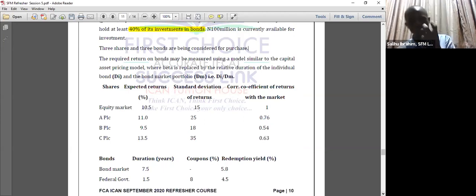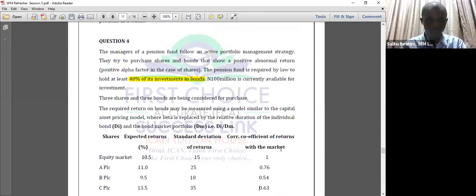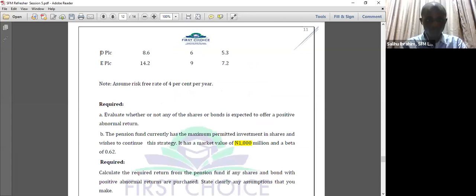So what does the question ask you to do? B. Now calculate the required return for the pension fund if any shares and bonds with positive abnormal return are purchased, isn't it? State clearly any assumption that you make.